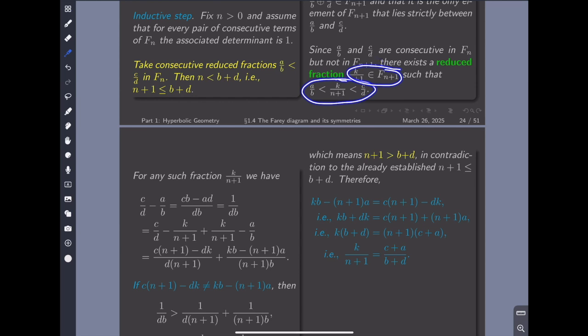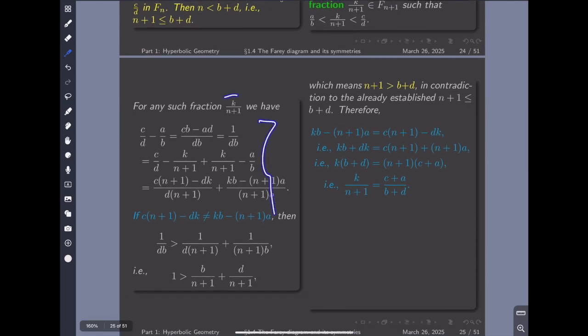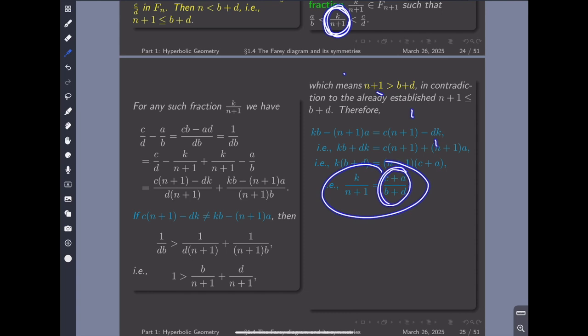But you see, since they are consecutive in Fn, this fraction cannot be expressed with a smaller denominator, which means this one is already a reduced fraction. And then through algebraic manipulation, one goes blah blah blah. So any fraction in between has to be the naive sum through some basic manipulation.